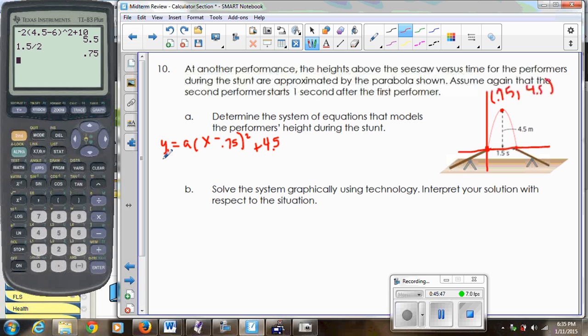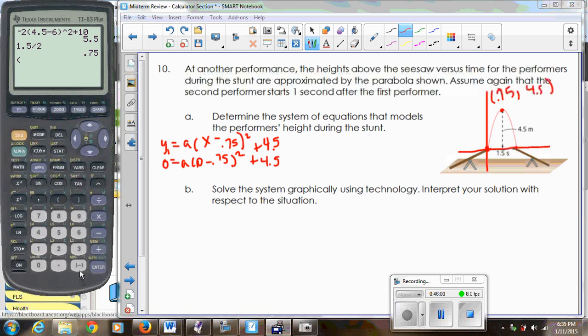So if I let x equal 0 and y equal 0, I get that 0 is equal to A times 0 minus 0.75, the quantity squared, plus 4.5. And so to simplify, I need to basically square a negative 0.75, since 0 minus 0.75 is just negative 0.75.